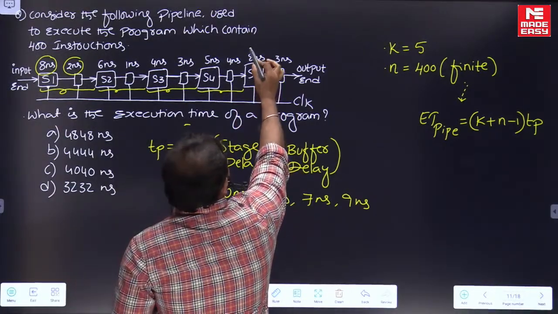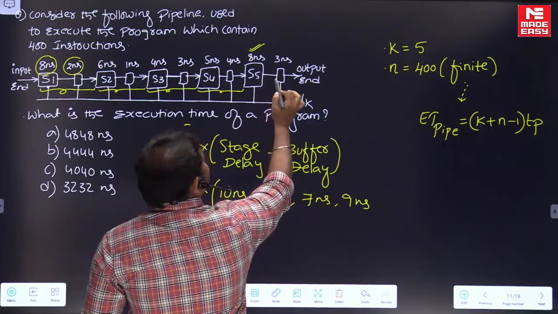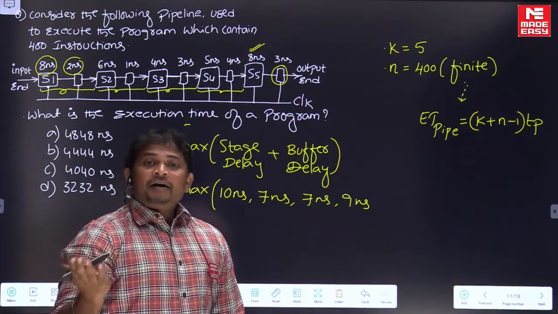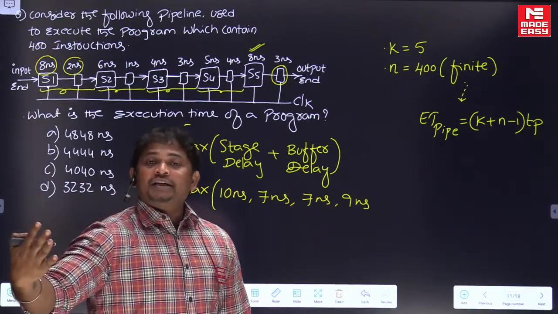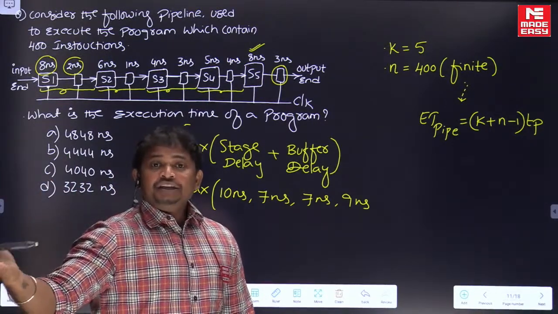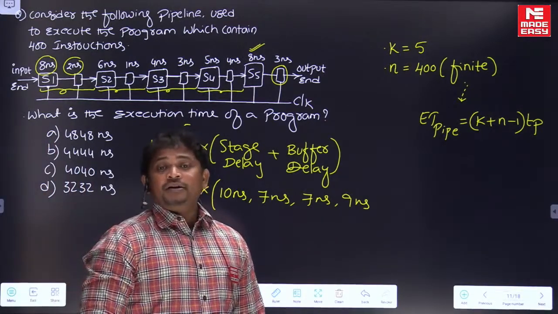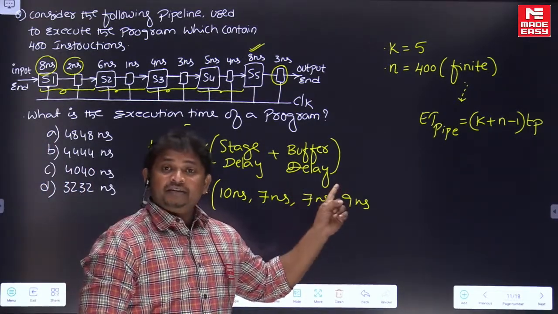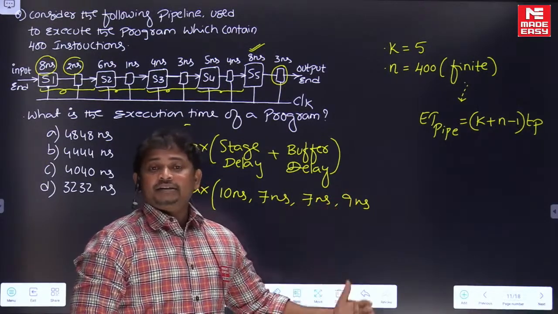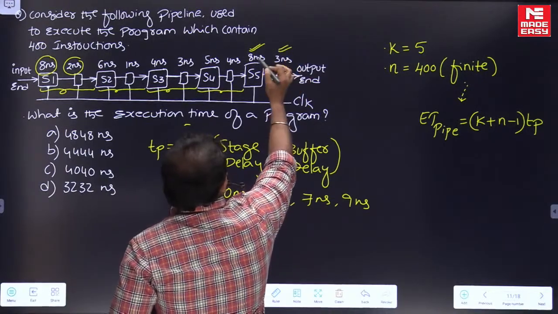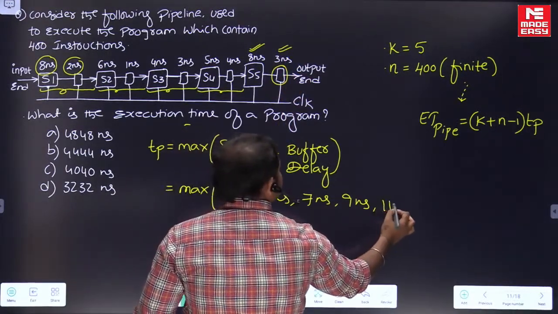Next S5, 8 nanoseconds. In this question they gave a buffer also. If a buffer is given at the end of the last stage, then take that buffer. If a buffer is not given at the end of the last stage, no need to take it, but here it is given, so take it. What is its delay? 3 nanoseconds. 8 plus 3, 11 nanoseconds.